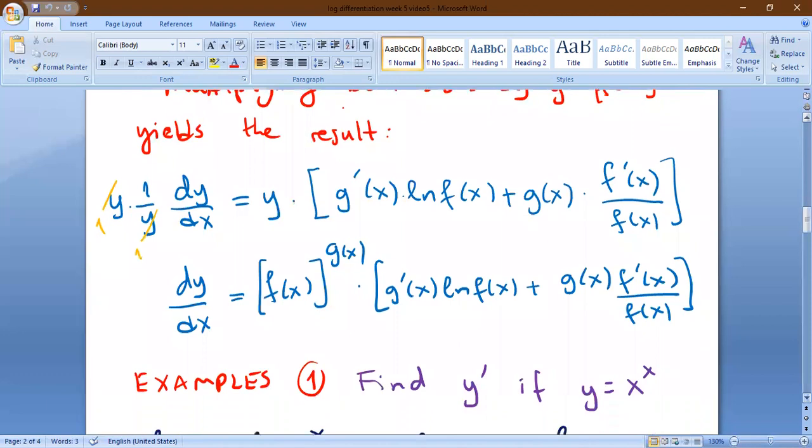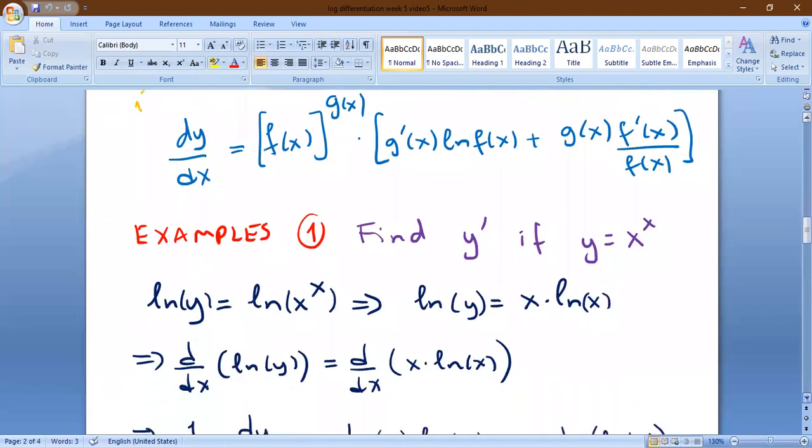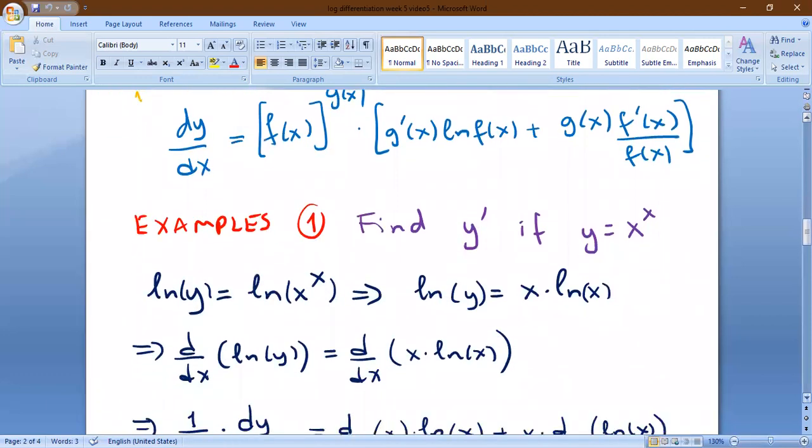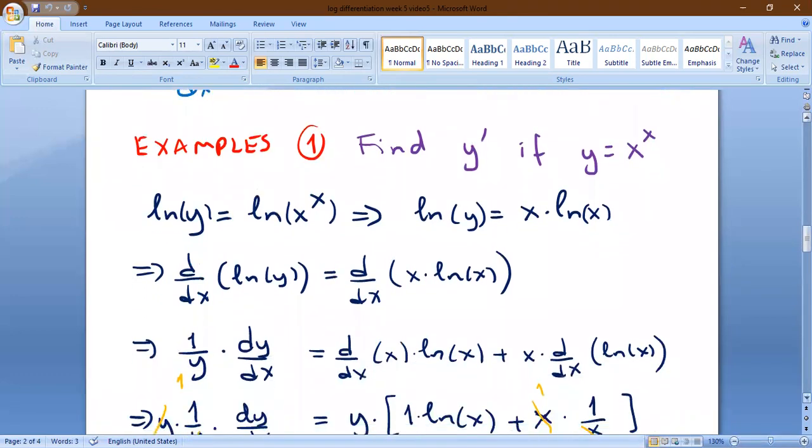So this is the derivative of f to the g, this long expression here. Now let's do an example. For instance, let's find y prime if y is x to the x. First, we take ln of both sides, and that helps us to take the power x outside of ln. So ln of y is equal to x ln of x, and then we take the derivative of both sides.